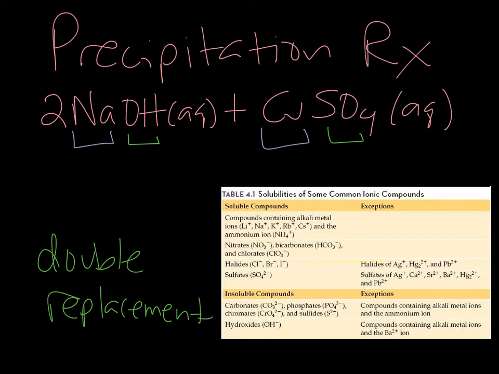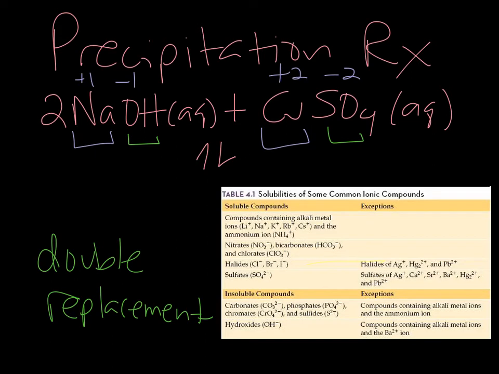So what happens then when we look at the products is, I'm going to put my products in blue so we can tell what's going on here. If we think about the charges, the sodium has a +1 charge, the hydroxide has a -1 charge, sulfate is -2, so copper must be +2.